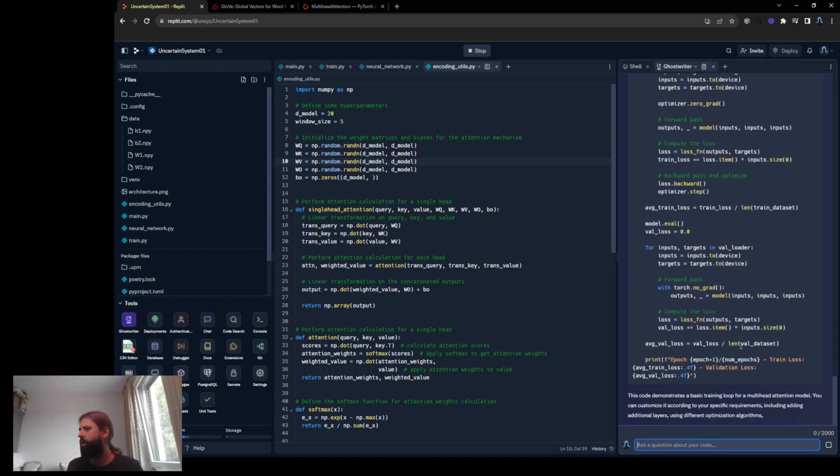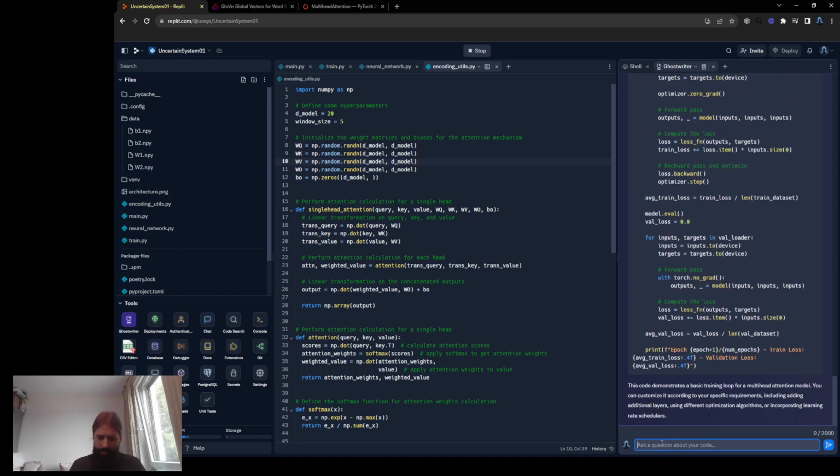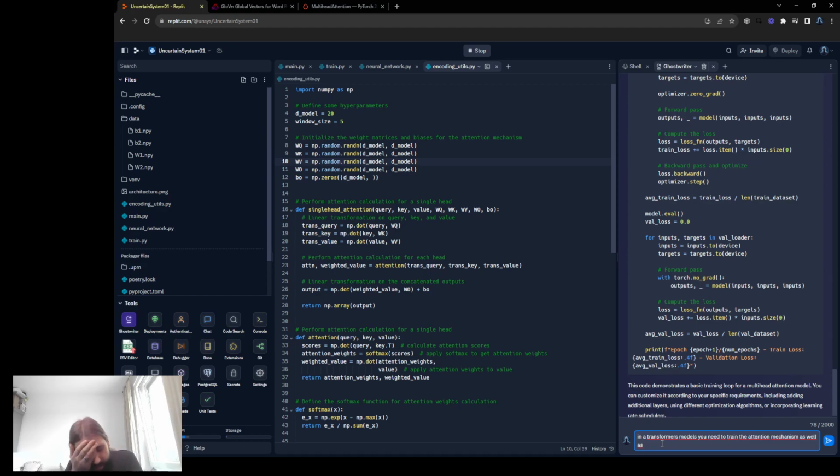Essentially in transformer models, you need to train the attention mechanism. Do you need to train the attention mechanism?